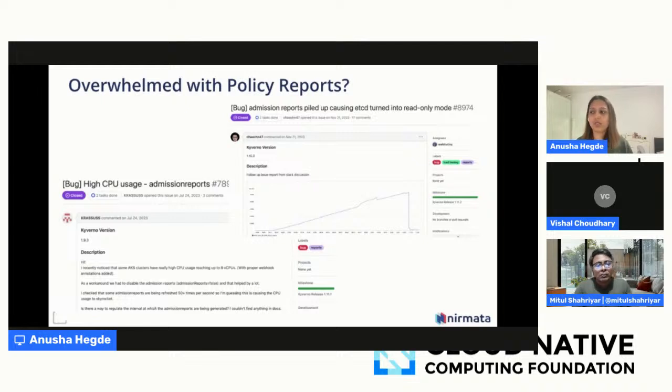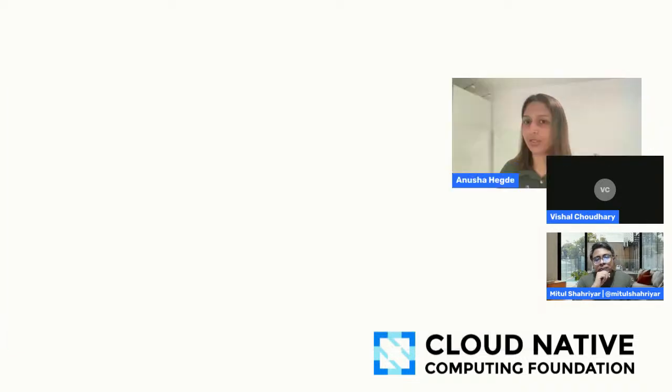In those situations, just to recover, you may have to even bring down Kyverno. To avoid all that, in the Kyverno community, we started brainstorming on how we can mitigate this problem. Several options were considered, and I'm going to present a few of those over here.